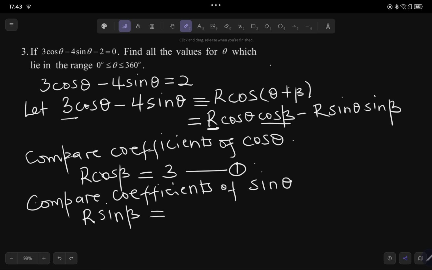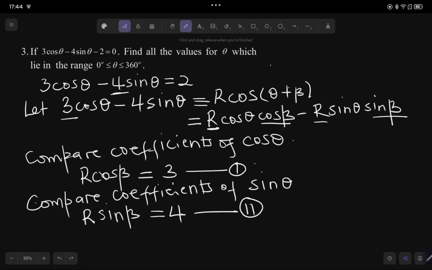So here we got r. We had r sin beta being equal to 4. Now we can find the value of r and the value of beta.